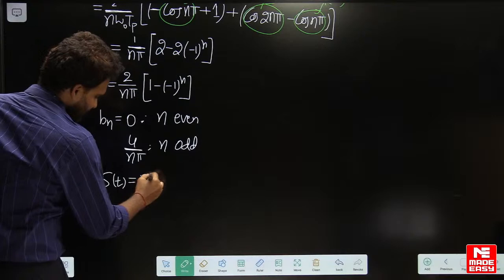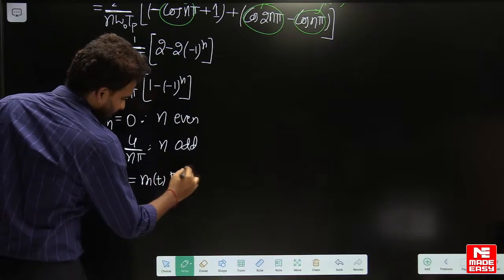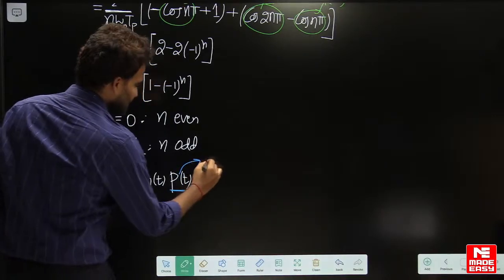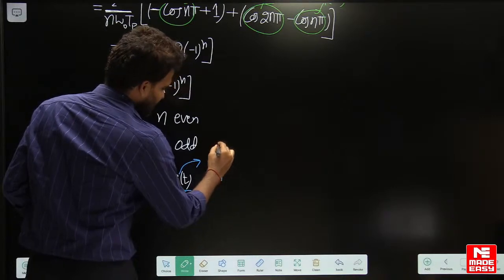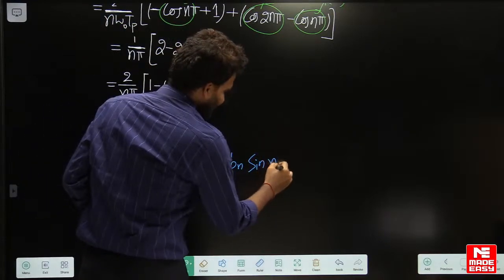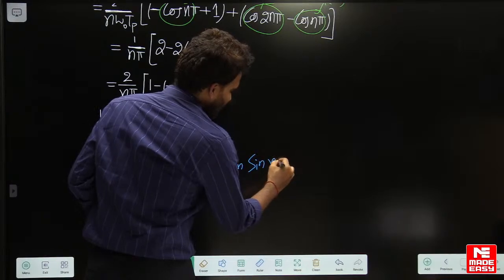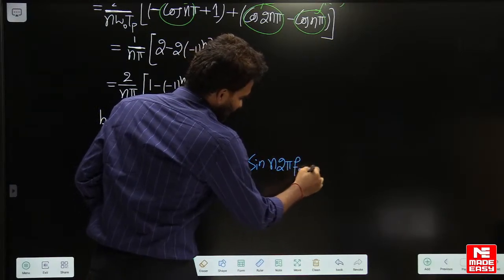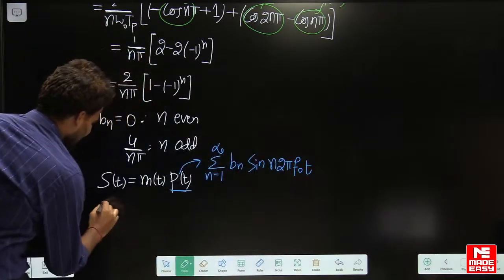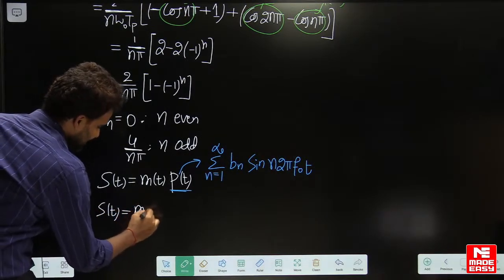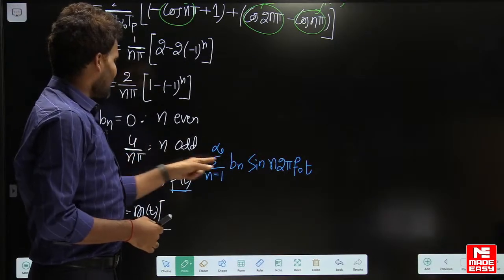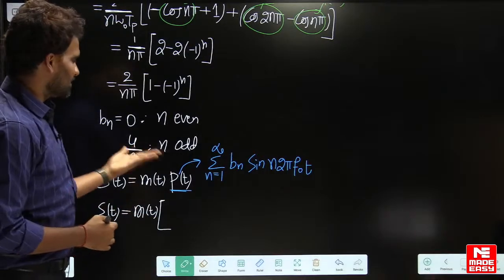Then s(t) is equal to m(t) into p(t), and what about this p(t)? p(t) is the summation n equals 1 to infinity of bn sine n omega naught t, where omega naught means 2 pi f naught t. Now if you substitute, s(t) will be equal to m(t) times, with bn we got 4 by n pi if n is odd, and 0 when n is even.